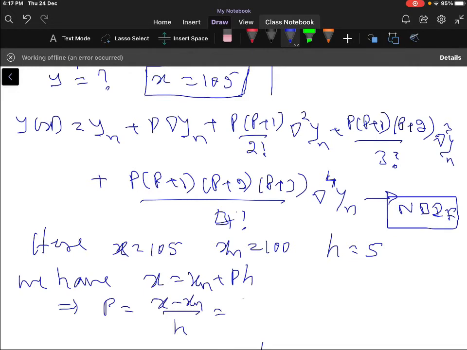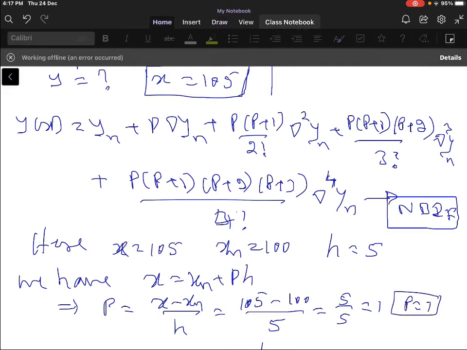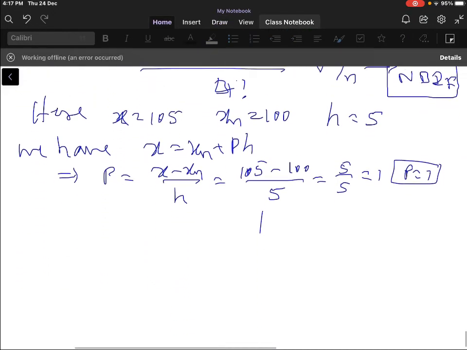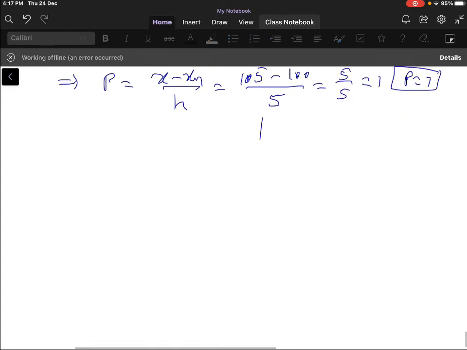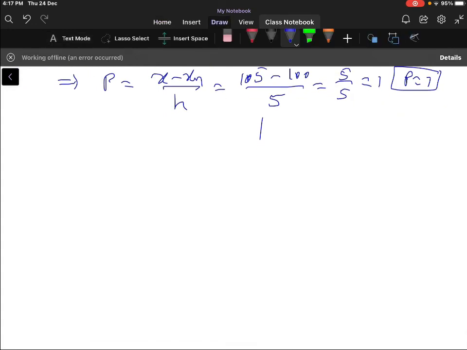So this implies p is equal to x minus xn by h, where x is 105 minus xn, which is 100, by h, which is 5. This is equal to 5 by 5, which is equal to 1. Therefore p is equal to 1.